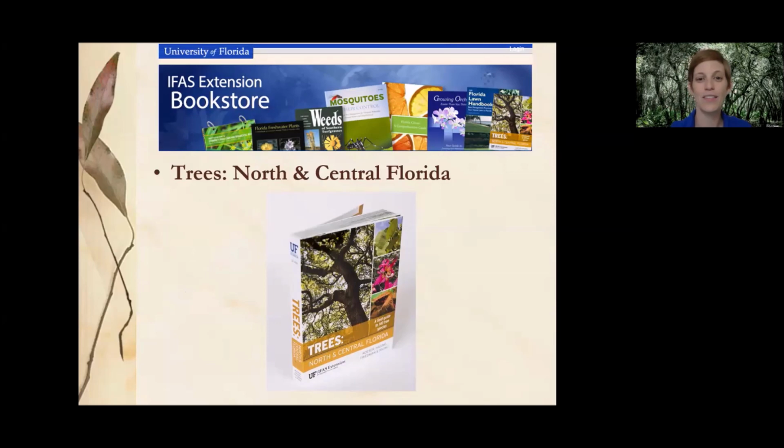This is very user-friendly. You can do it by leaf shape, I think even by colors of flowers. On the sides of the book, it has different sections, and there are very basic keys for you to figure out things like simple and compound leaves. I encourage you to check that out if you're interested.